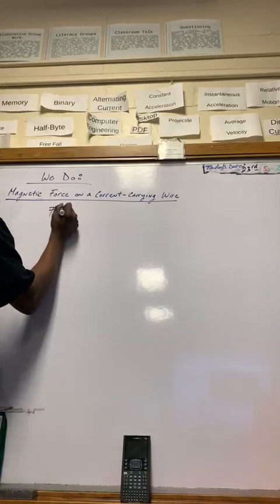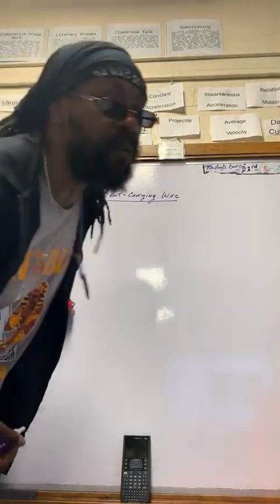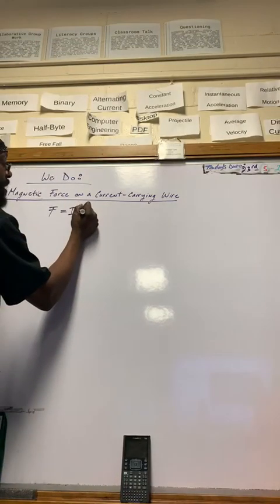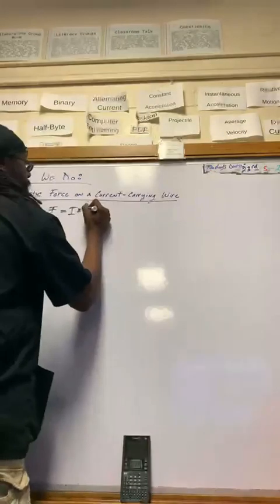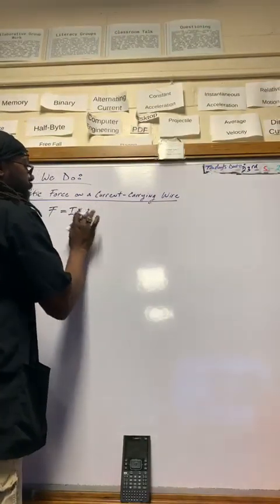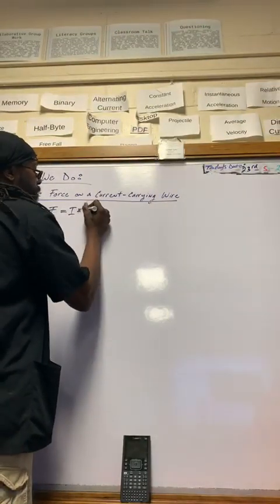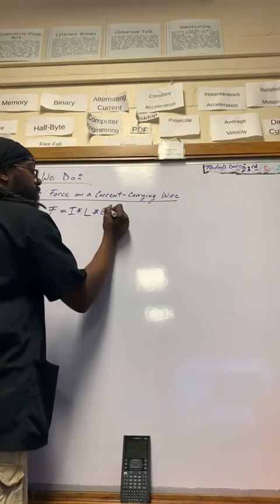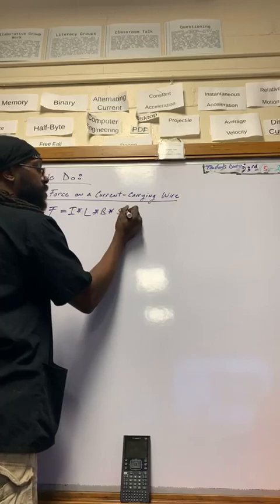So F is equal to I, which is current, multiplied by L, which is length, by the way, probably the length of the wire, times the B field that's given, times a trig function.